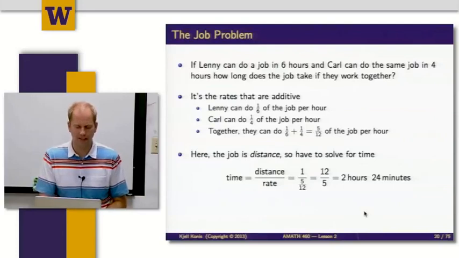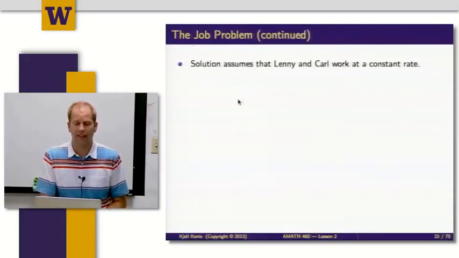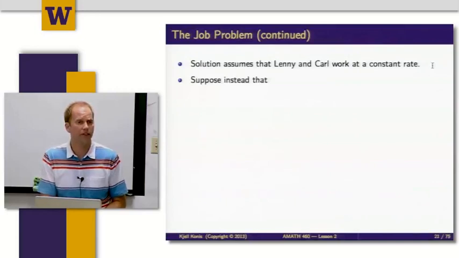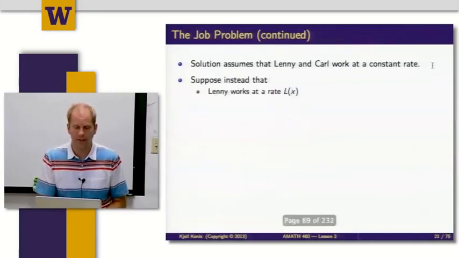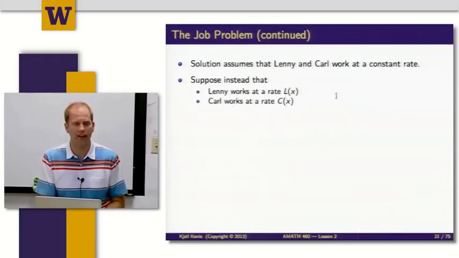But we've still made the assumption that Lenny and Carl are working at a constant rate. So suppose instead that Lenny works at a rate L of x and Carl works at a rate C of x.